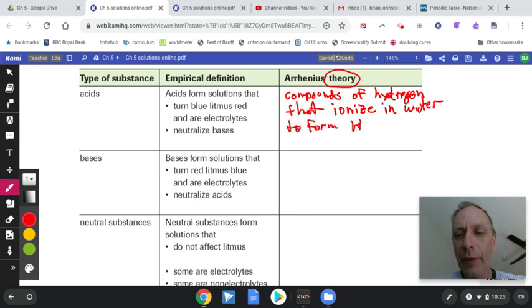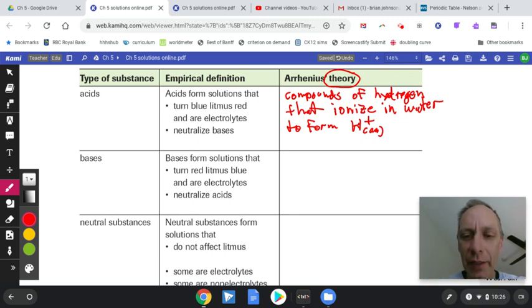So we kind of went through this yesterday. Not every hydrogen compound ionizes in water, but those that do, we call them acids. So any compound of hydrogen that when placed in water ionizes to form hydrogen ions.